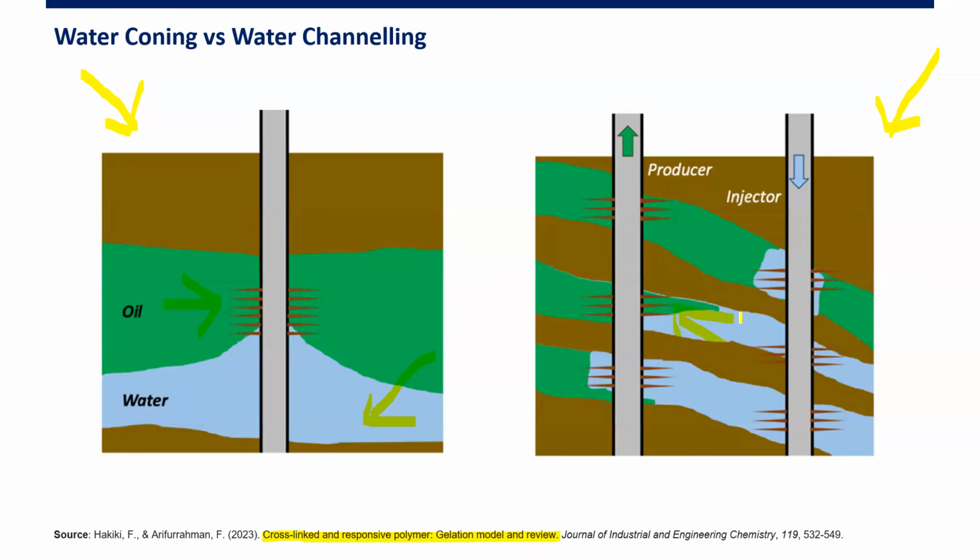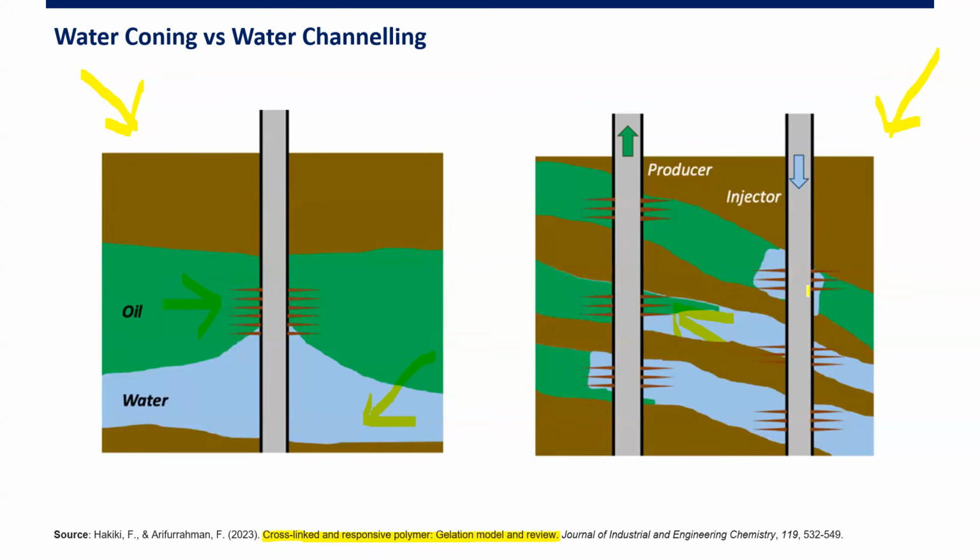The main issue is the connection between the water source, in this picture the water injector, and our production well. So the main issue of water channeling is the channel itself. The channel can be a thief zone, a high permeability streak, layer, or zone.